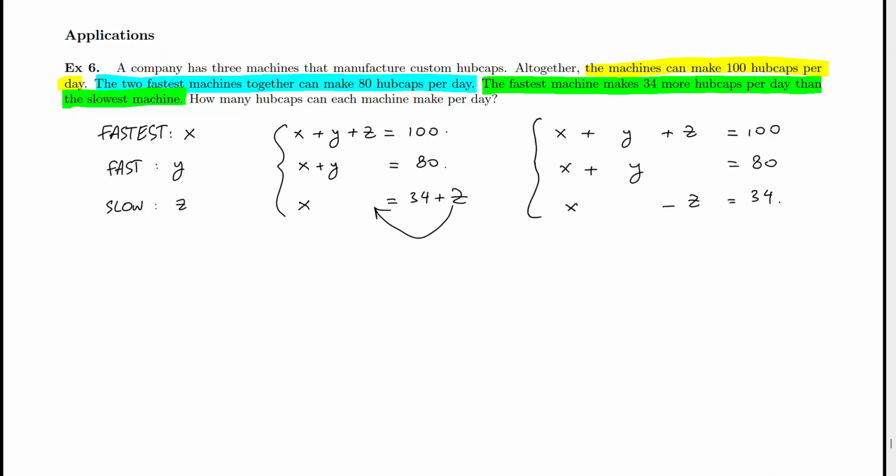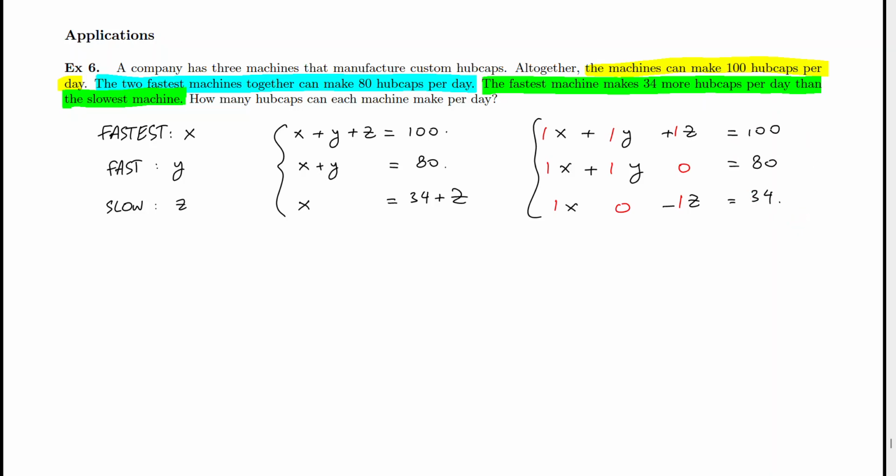So these are my equations, and as a system, it looks fine, but I will need to translate it into a matrix equation. For the matrix equation, I'll have to extract all the numbers out of here, all these extra ones and zeros, and then also worry about the matrix that contains 100, 80, and 34.